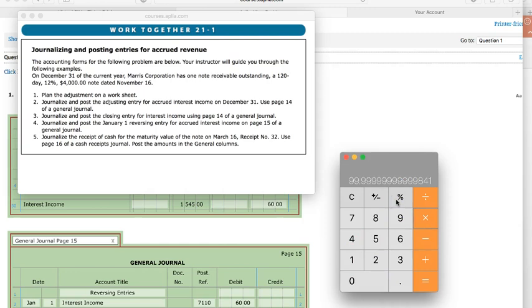And I feel like this is wrong. It is. Let's try it again. 75 divided by 360 times 4,000 times 12%. And this is wrong.